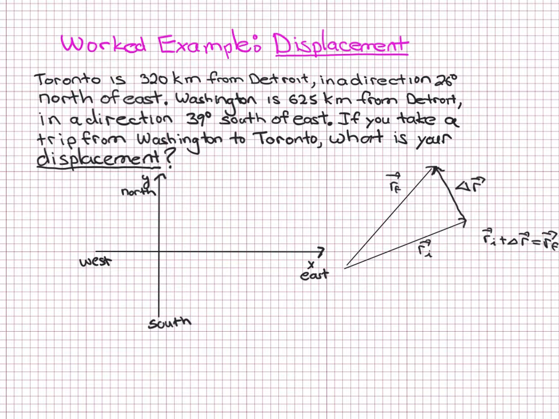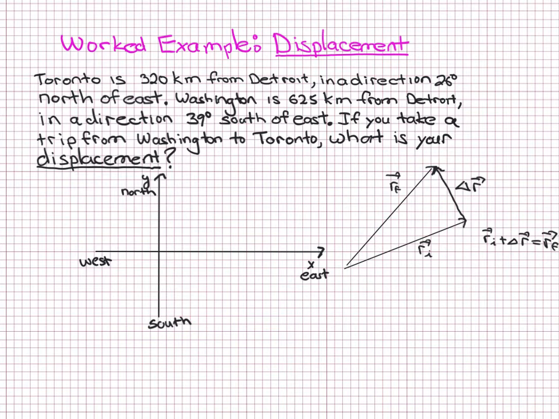So I'm going to start by drawing a set of coordinate axes, and it's natural to orient our coordinate axes so that the x direction corresponds to east, and the positive y direction corresponds to north, and west is over here, and south is over here.